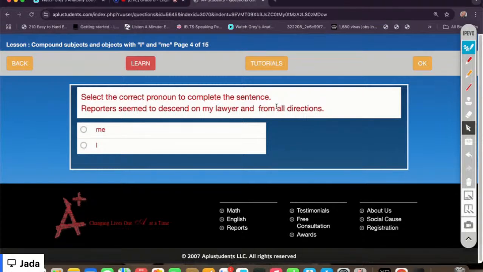My lawyer and me or my lawyer and I. So, my lawyer and me from all directions, because if you remove my lawyer, it will be reporters seem to descend on me. Okay, from all directions.